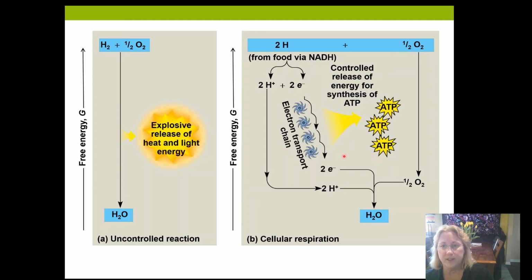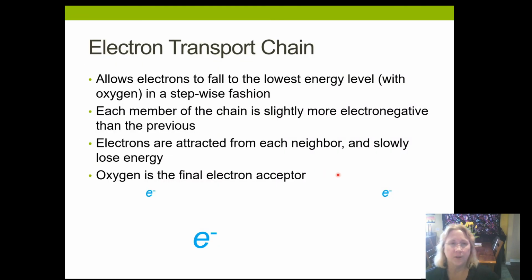And that's really what cellular respiration is doing. It's taking high energy electrons, moving them around, allowing them to step down in energy so that we can convert most of it into ATP. And GTP is going to be a secondary product of this reaction as well. So the electron transport chain allows electrons to fall down to the lowest energy level, and this is the step that uses oxygen.